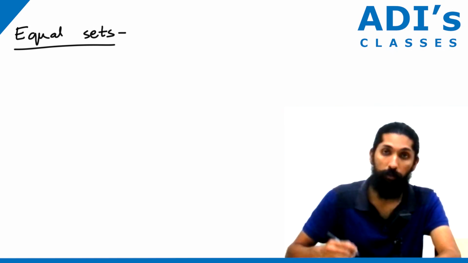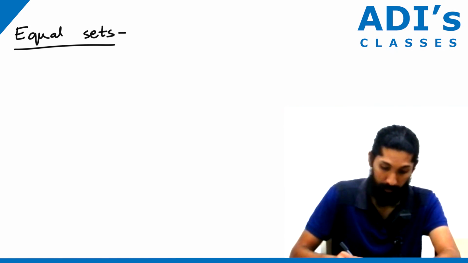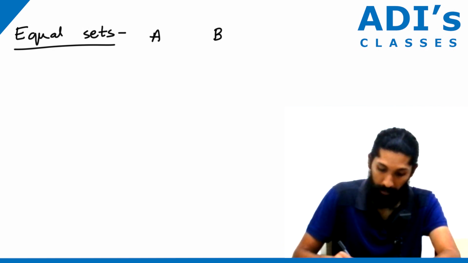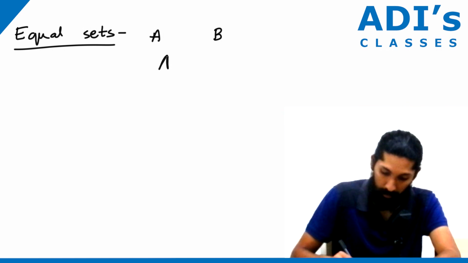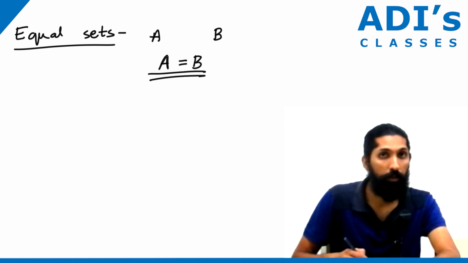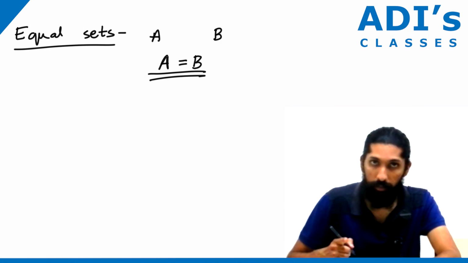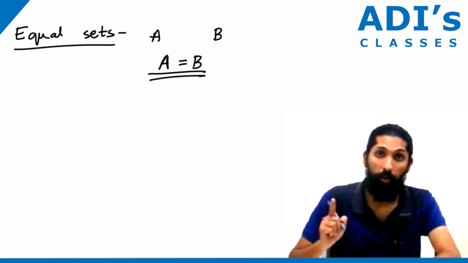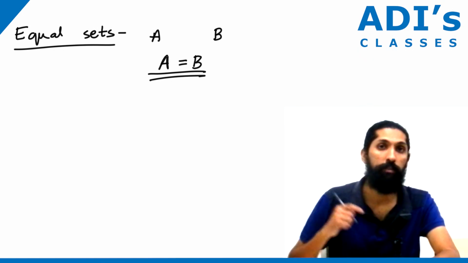Whenever we talk about equal sets, suppose you have A and you have B. We write A is equal to B, then A and B are equal sets. The conditions: the number of elements should be the same and also the elements should be the same.